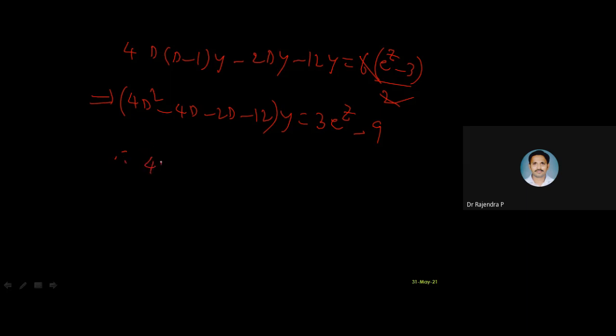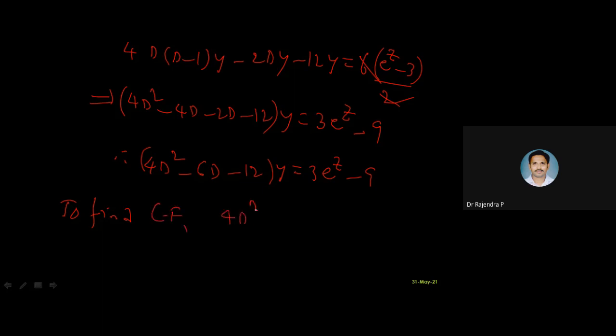So what is your equation here? 4d square minus 6d minus 12 into y is equal to 3 e power z minus 9. Now try to get the auxiliary equation for this. Maybe the roots are not direct. First, to find the complementary function, take 4d square minus 6d minus 12 into y equal to 0.